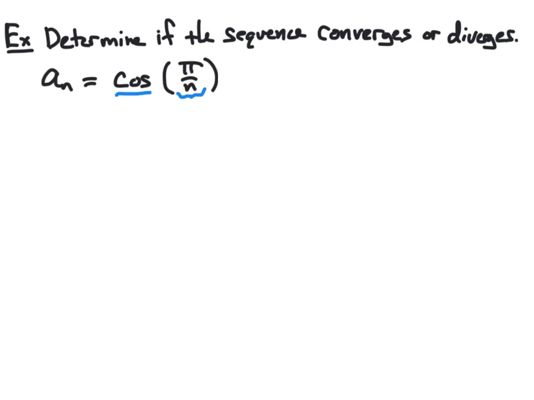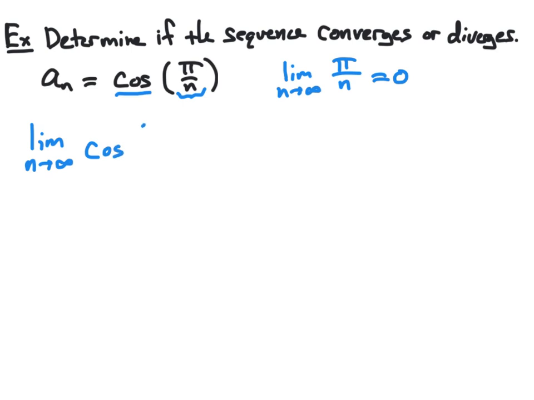And so what we will want to do here is observe that the limit as n goes to infinity of the inside sequence, pi over n, is equal to 0 because we have a constant over n as n gets large. And so using this, we're able to use the continuous function theorem since cosine is continuous at 0.